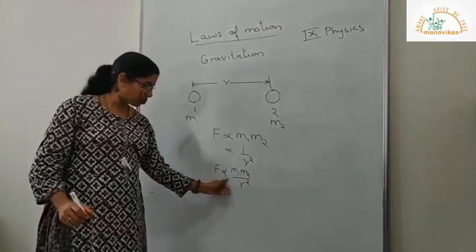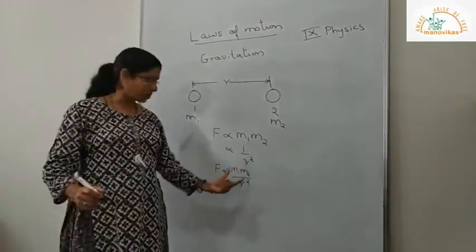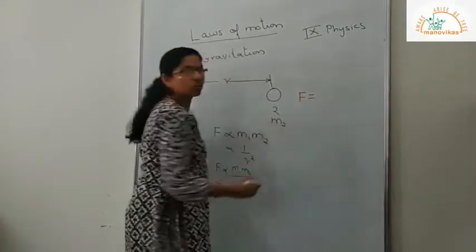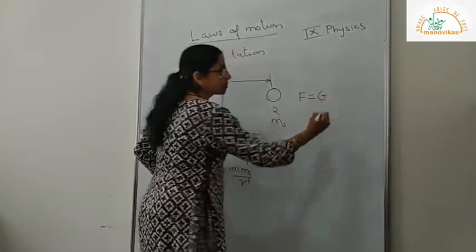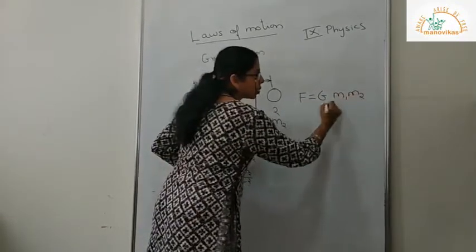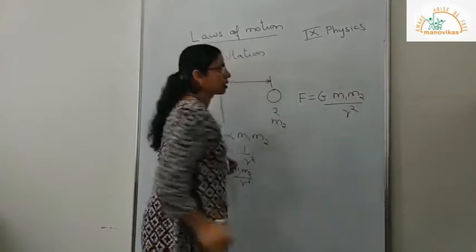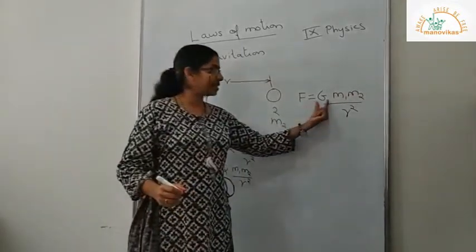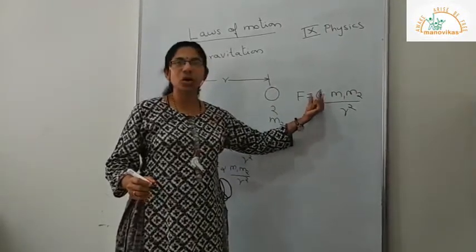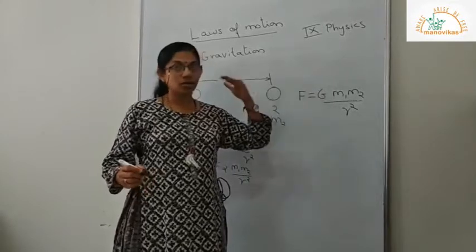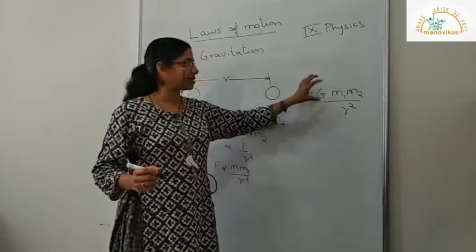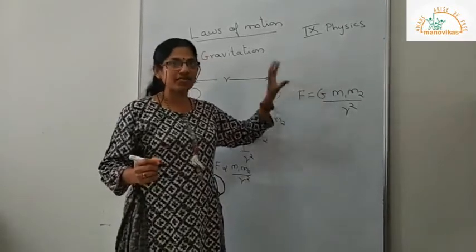So when I remove this proportionality sign and introduce a constant, I can write force is equal to G times m1 m2 upon r square, where this G is a constant value and it is called the gravitational constant, also called the universal gravitational constant because it has a fixed value.